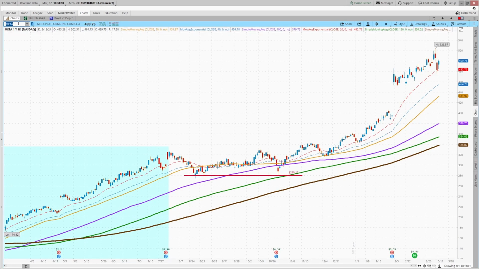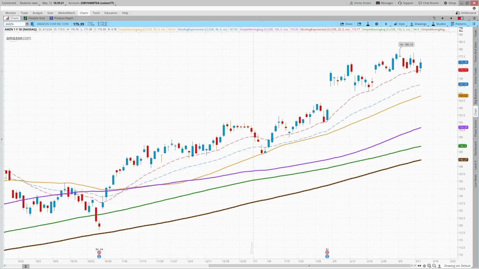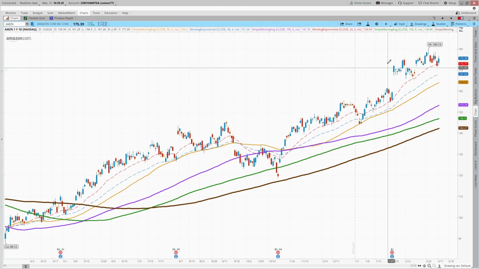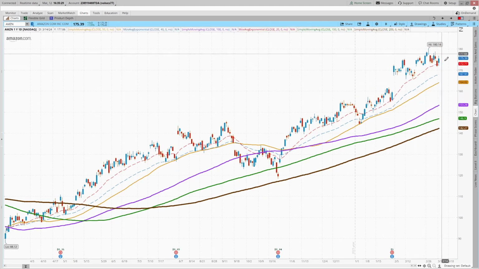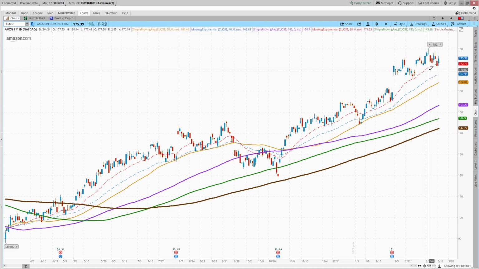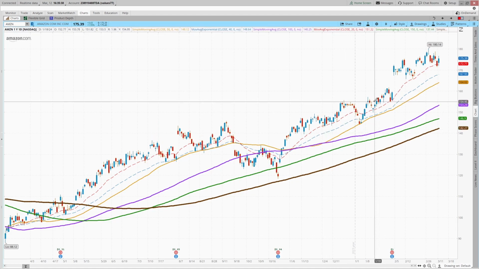However, how can we capture these sort of opportunities? Well, let's take a look at, let's say, Amazon. Amazon has been going up for the past several weeks. It's been retracing to the 20 moving average over here. If you're not familiar with moving averages, make sure to watch one of my videos where I explain them, because that's more in technical terms, but we're just going to be talking about options.